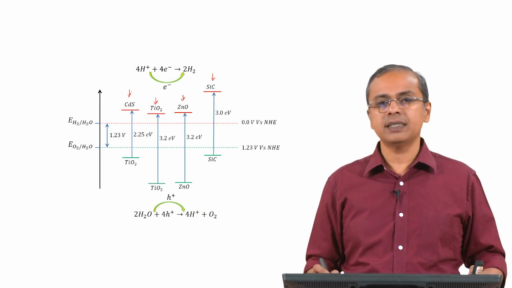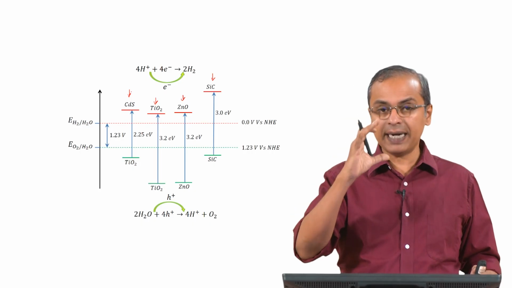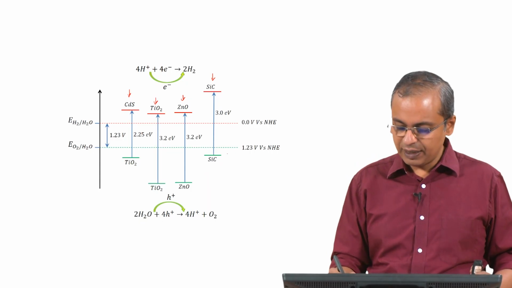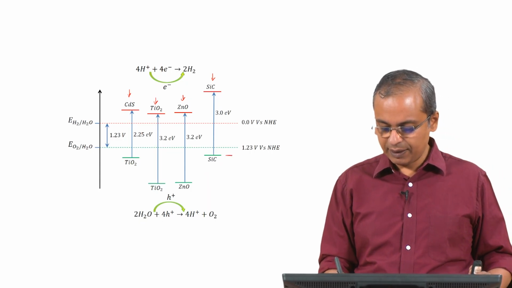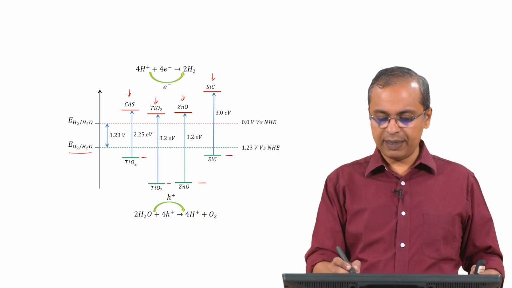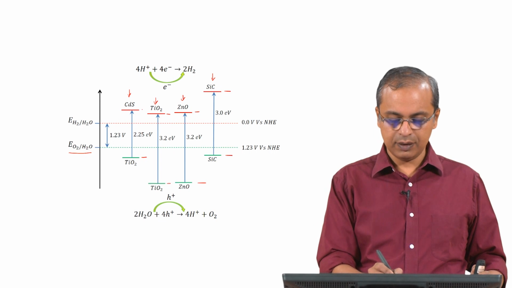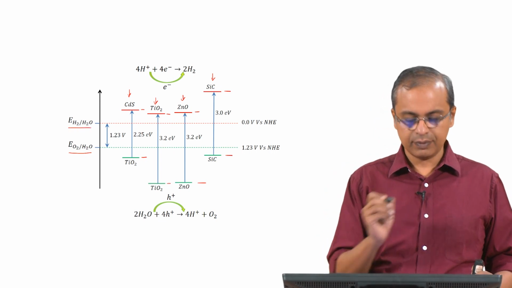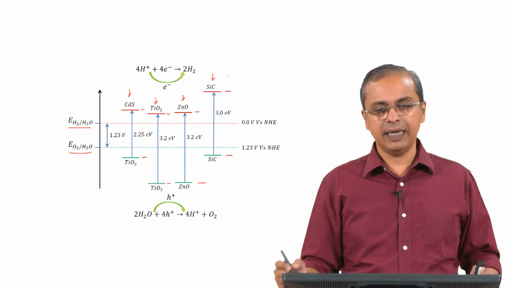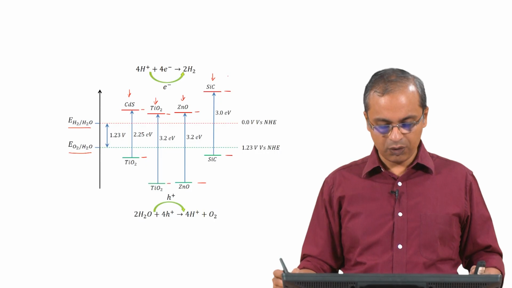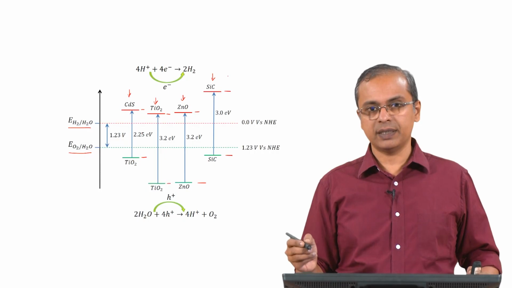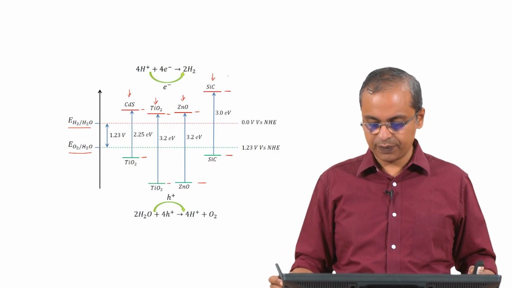All of these materials have enough band gap and the position of their bands is correct, because all of them have their valence bands sitting below this value, and all of them have conduction bands sitting above this value, and therefore they are able to support reduction processes. The conduction bands are able to support reduction processes given that they have access to water, and the valence bands are able to support the oxidation processes given that they have access to water, right.